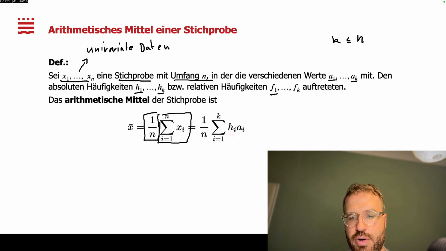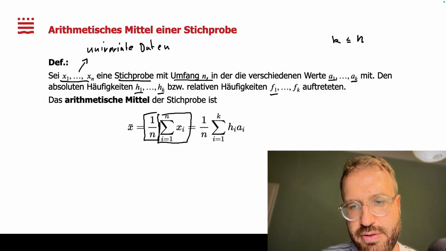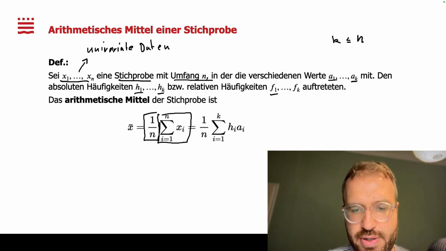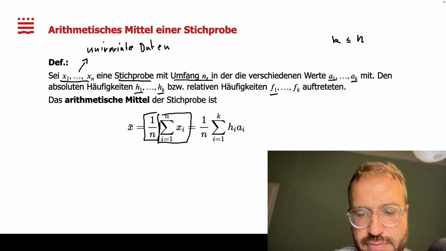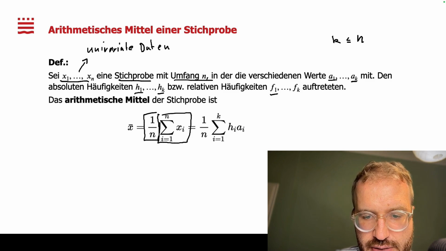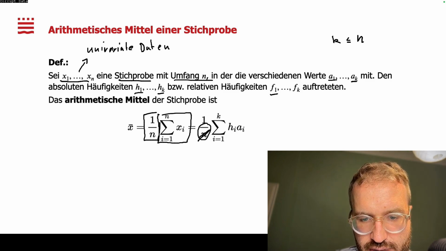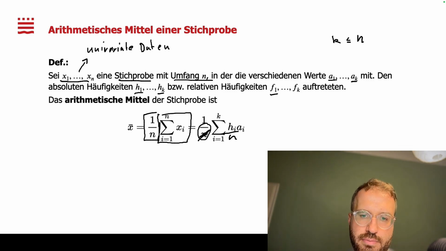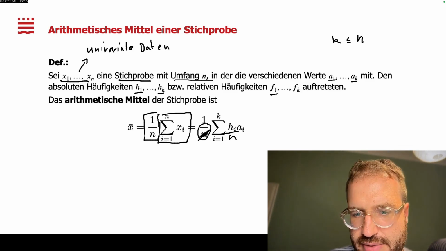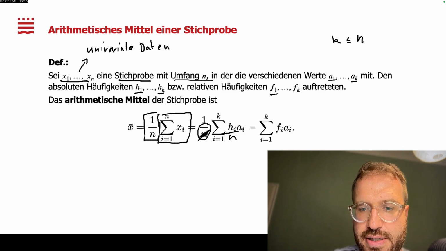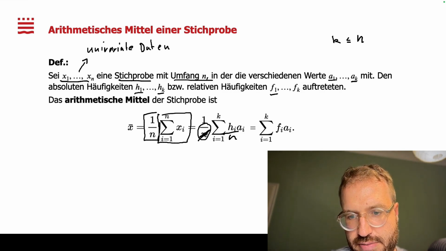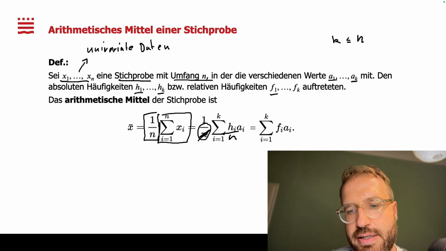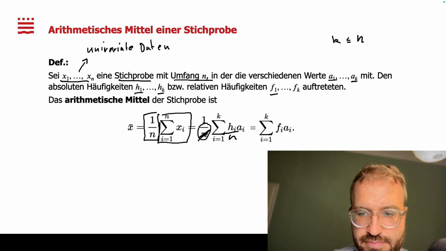And you do this for all values and then divide by n, so you obtain the second formula. And finally, you can take this n here and move it into the sum. Then you have hi divided by n, and there you know what it is. That would be the last formula.